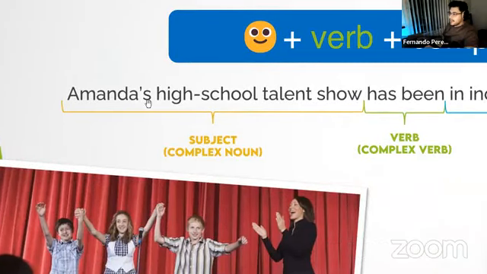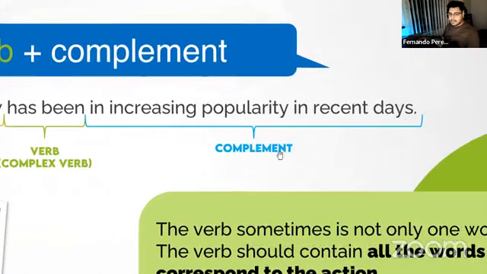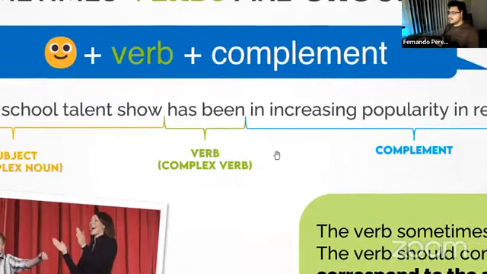Amanda's high school talent show has been in increasing popularity in recent days. I want you to observe the word has been.